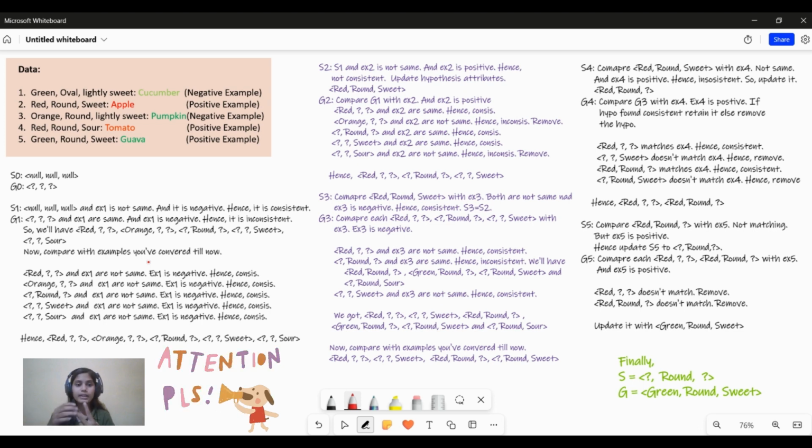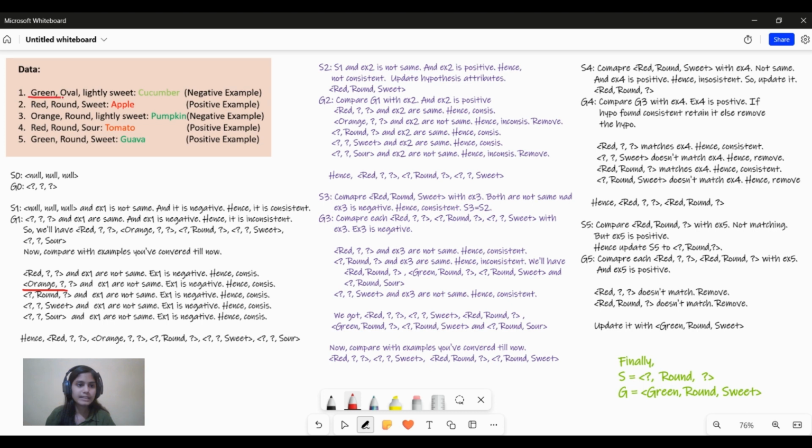That means we will eliminate this hypothesis if they match. That means if the hypothesis matches a negative example, then we will remove it. And if these both are not same and this is negative, then we will keep it, because the negative example is not matching the hypothesis, so these are not connected, so we will keep it as it is.